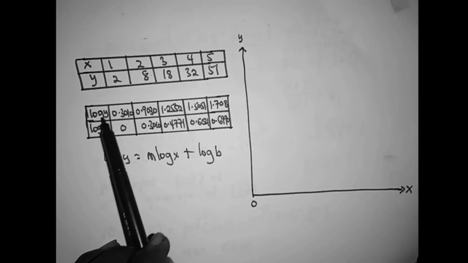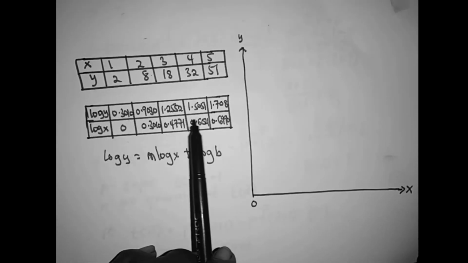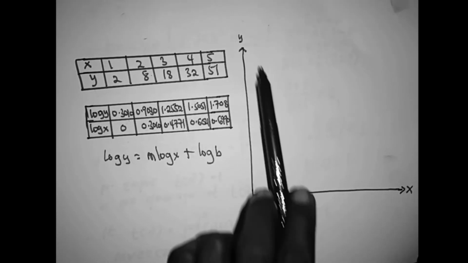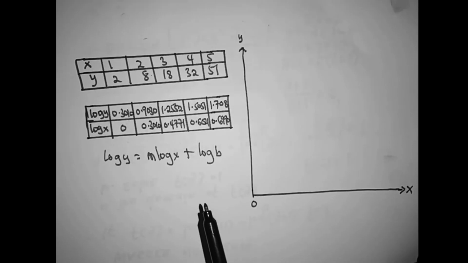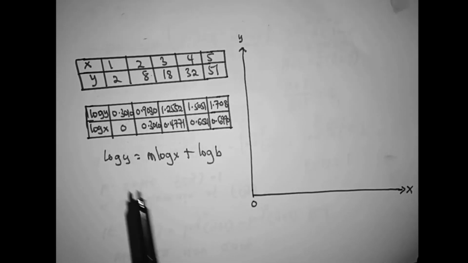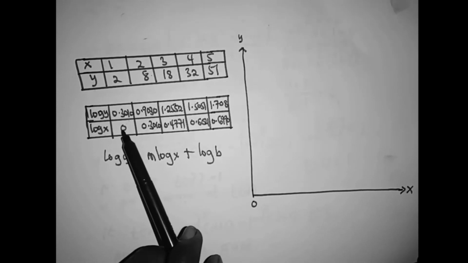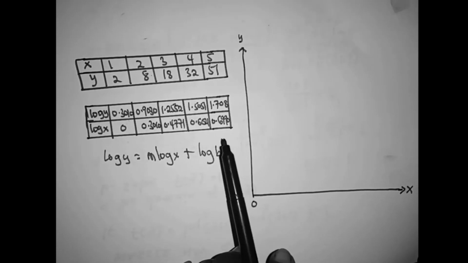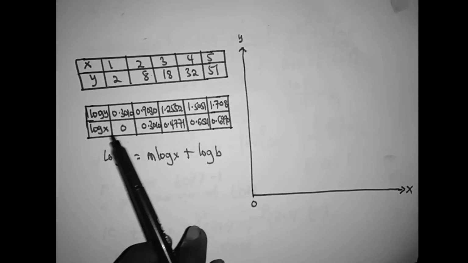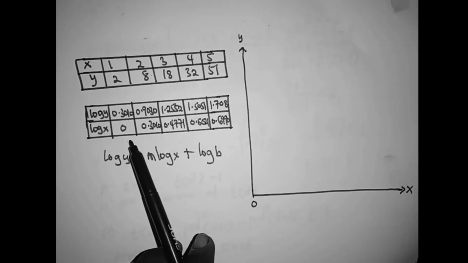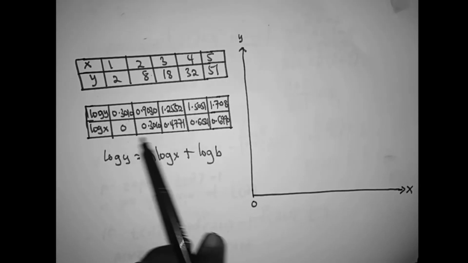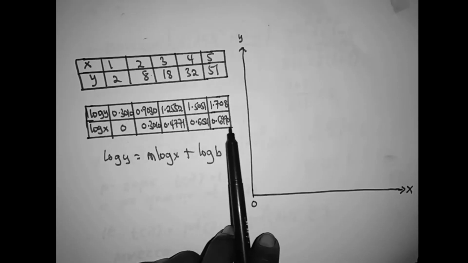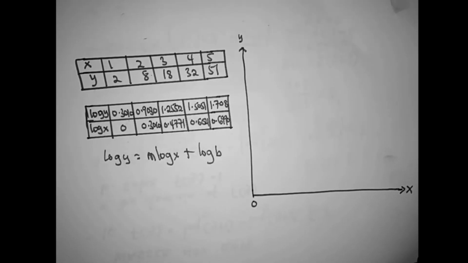So let's go ahead and plot the graph. Now we can see from the table of log y and log x values that there are no negative numbers, and therefore we are only going to be dealing in the positive values, and that is why our graph is like this. The lowest log x value is 0, and the highest is 0.69. So if we take a scale of 1 unit to 0.1, we should be able to plot all of this on the x-axis.